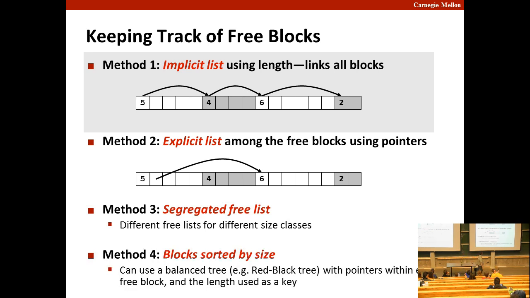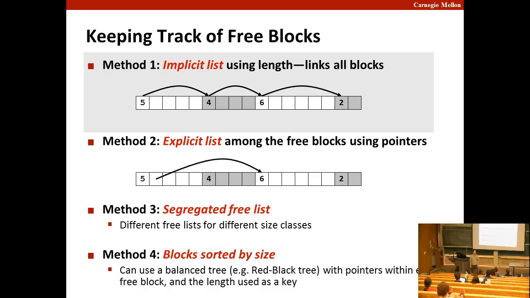The third method is a segregated list. We'll talk about this, but the idea is that if I just have one list, it has things in it that range from itsy-bitsy to huge. And it makes no sense to search through all the itsy-bitsy little things if I need something really big. And if I need something really small, probably I don't want to carve it off something huge.